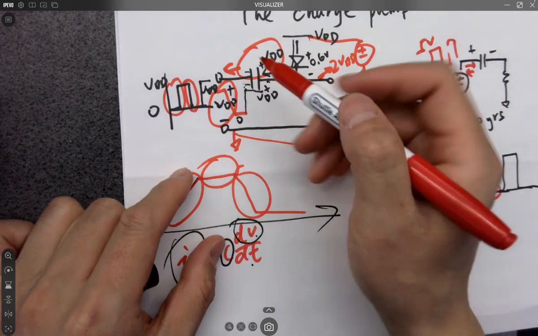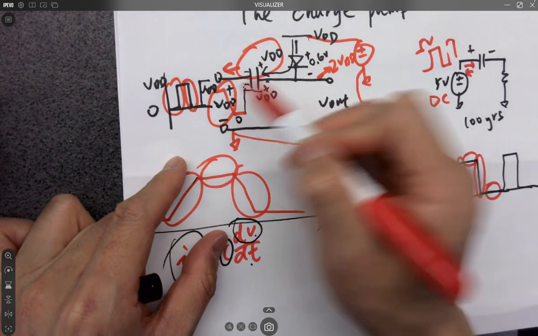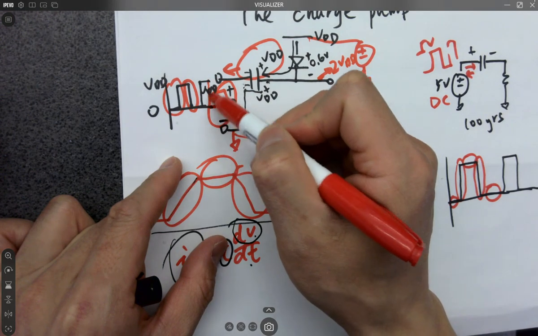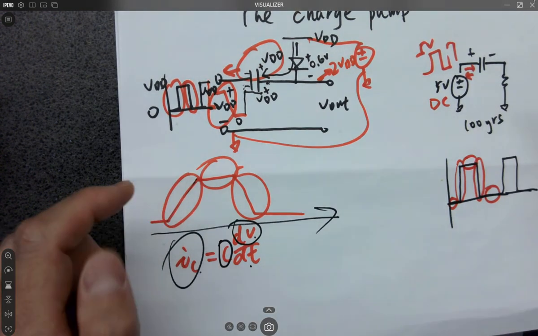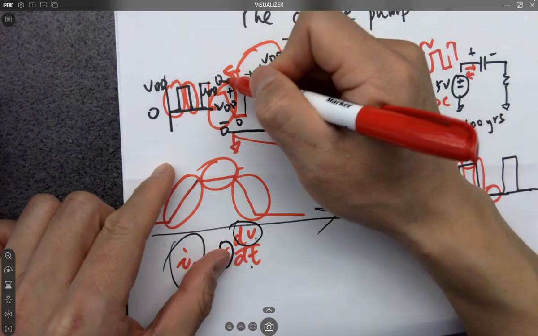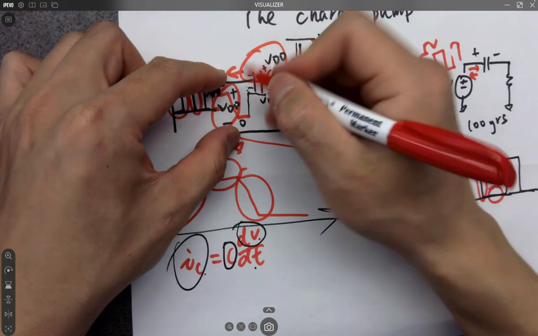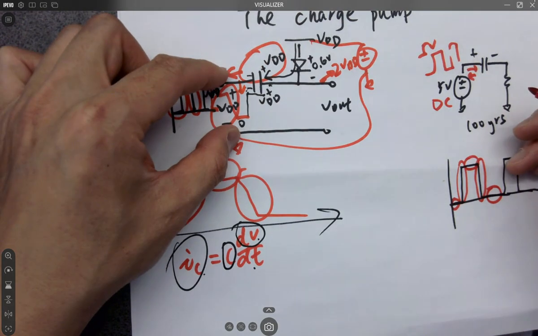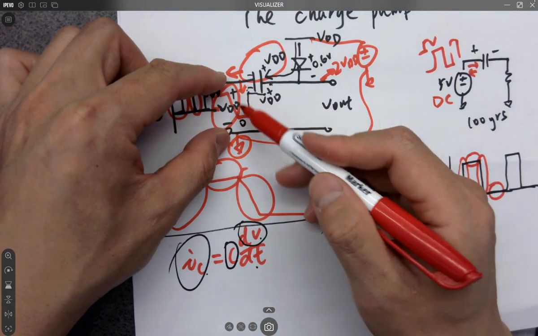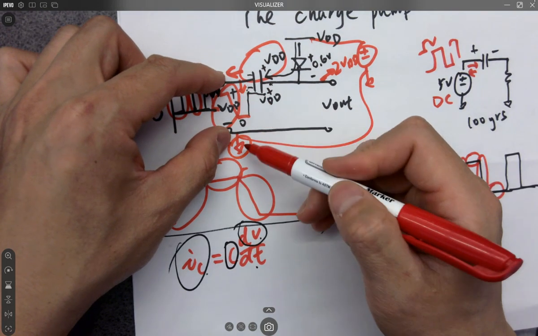So what if after VDD, this becomes 2 VDD, and then this goes down to ground again? Guys, so this goes to ground again. What's gonna happen? If this goes to ground, the voltage here becomes 0 volts, right? And you are grounding here. If it's 0 volts, there's no voltage drop. 0 volts here, 0 volts here.